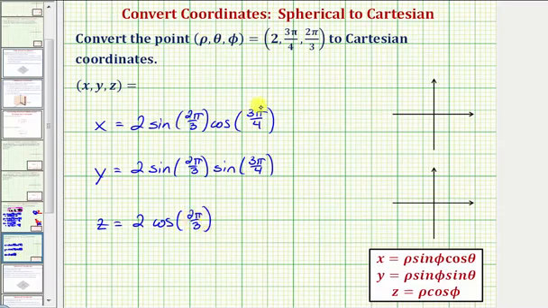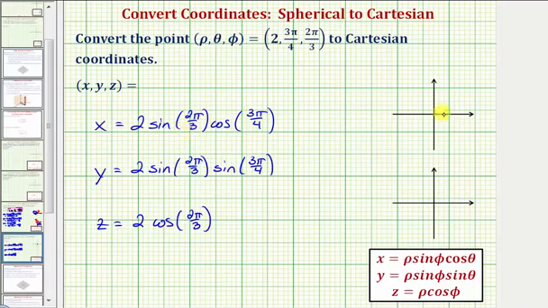And now to find these trig function values, we can use a unit circle or reference triangles. Let's first use reference triangles, and then we'll check the values on the unit circle. So we'll sketch 2π/3 and 3π/4 in standard position to sketch the reference triangles. So 2π/3 is also equal to 120 degrees.